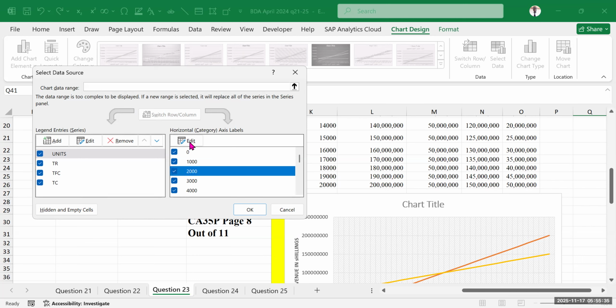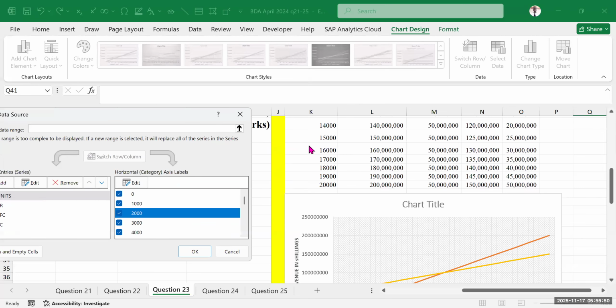So what I did, I went to edit. You see this tab, click on the tab of edit. Once you click on it, highlight the range of the variables you want to appear on the X-axis. In our case, it was these units. So I highlighted the units from 0 all the way to 20,000. Then that's how it all came here, like that.